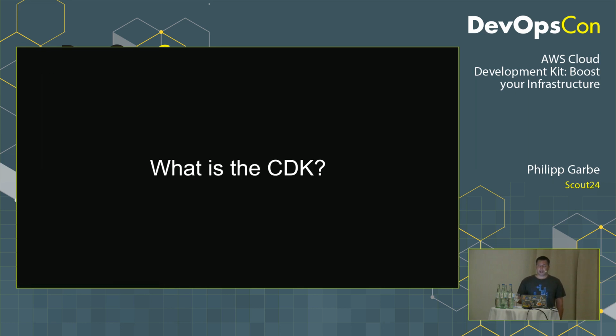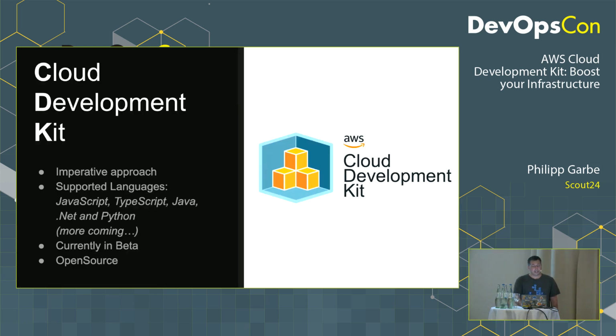So what is the CDK now? CDK stands for Cloud Development Kit and is one of these imperative approaches to write infrastructure as code. The interesting part here is that it supports different languages out of the box and on the same level.